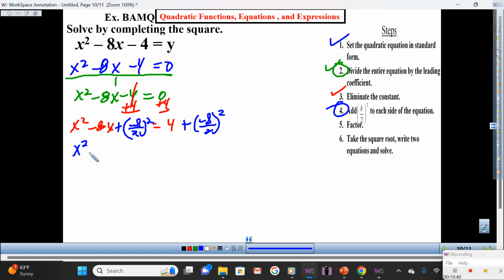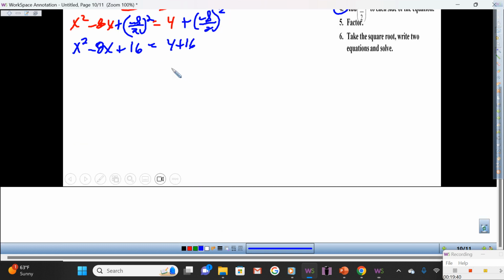So that leaves us with x squared minus 8x plus negative 8 divided by 2 is negative 4. What is negative 4 squared? 16. So we end up with 4 plus 16. Let's simplify the right side, which is 20, equals x squared minus 8x plus 16. So far so good, yes? All right, next.